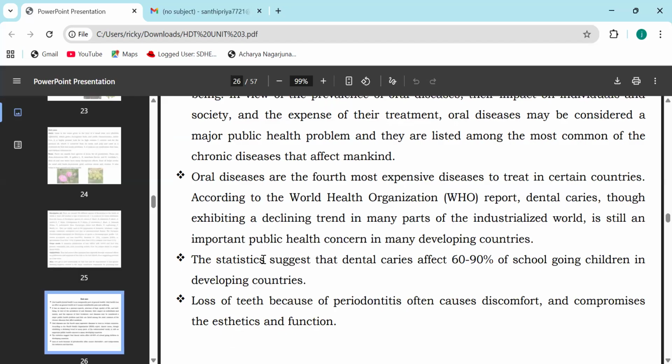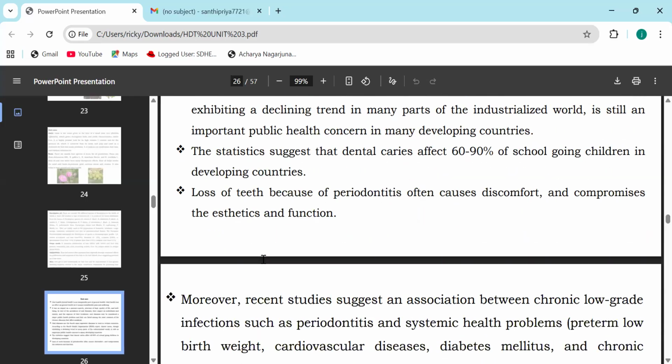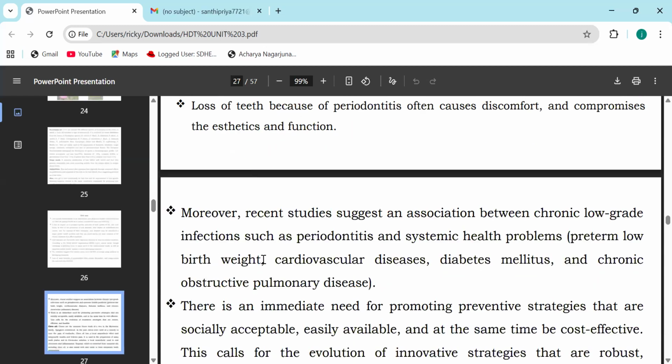And loss of teeth because of periodontitis often causes discomfort and compromises aesthetics and function. Moreover, recent studies suggest an association between chronic low-grade infections such as periodontitis and systemic health problems such as low birth weight, cardiovascular diseases, diabetes mellitus, and chronic obstructive pulmonary disease.